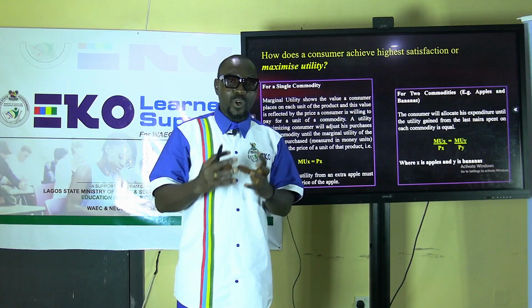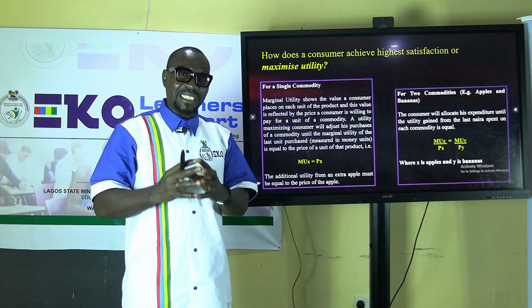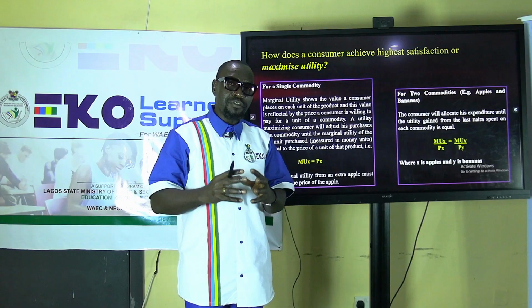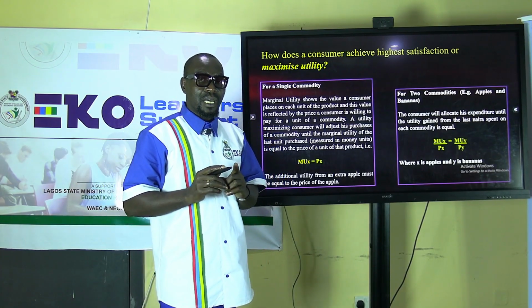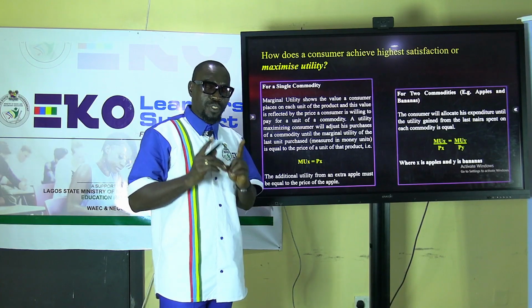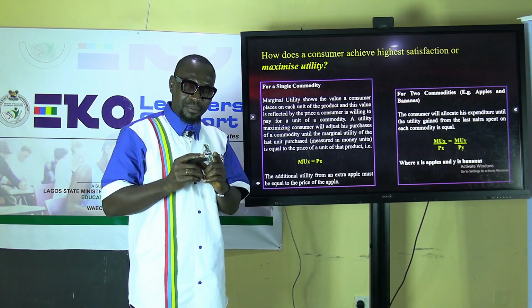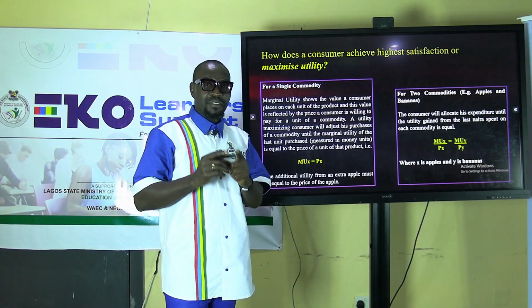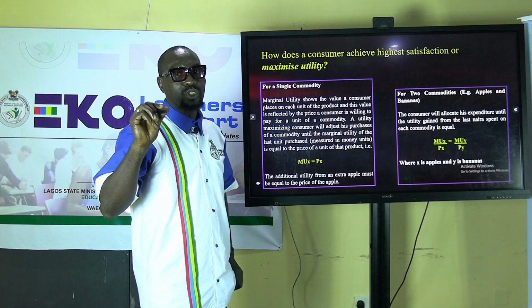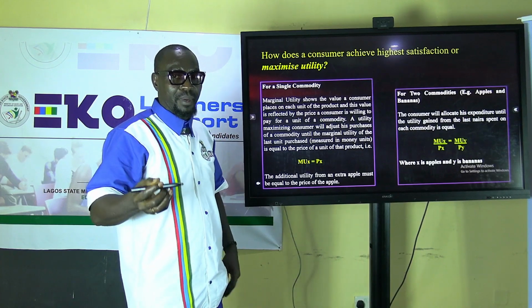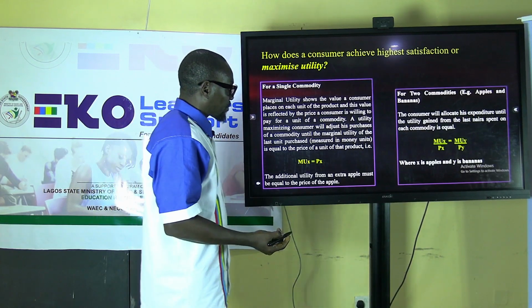Therefore, for a two commodity case, the consumer will achieve equilibrium when the marginal utility of the first product, say product A, divided by the price of that product is equal to the marginal utility of the second product, say B, divided by the price of the product.